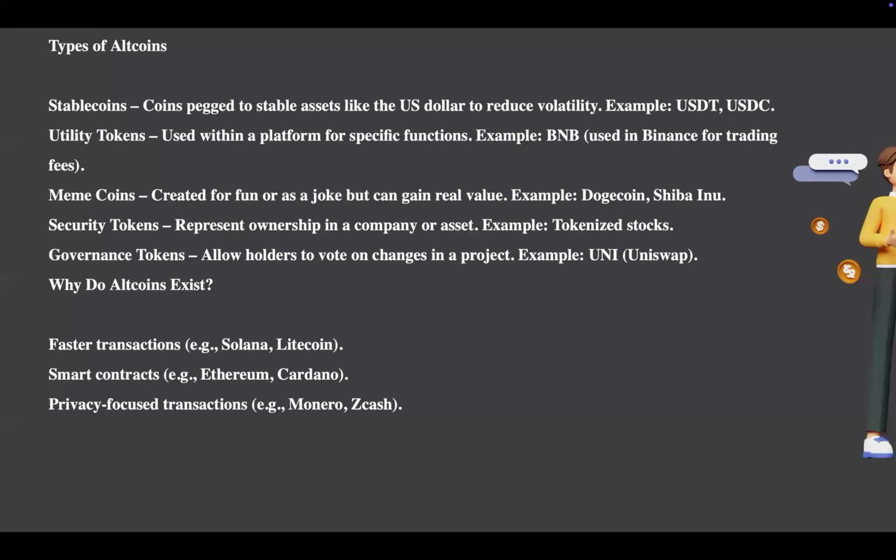So why do altcoins exist? Altcoins exist for faster transactions. Solana came and did a very good job. Even Litecoin, I don't know, I've never really used Litecoin. I think I bought Litecoin during my very early days, but I've never really used it much. But Litecoin has really good transactions and smart contracts.